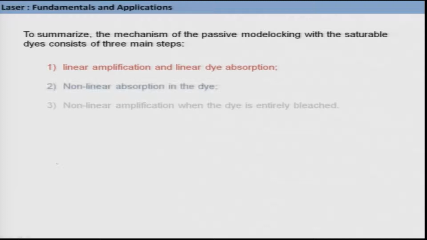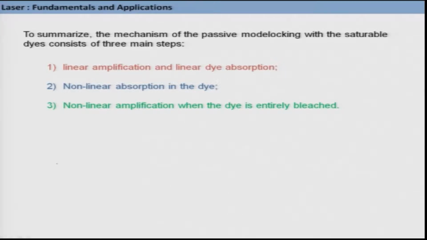In the second step, the dye starts absorbing more and more photons, in a non-linear fashion, and in the third step the dye gets totally bleached, and my amplification becomes highly non-linear.